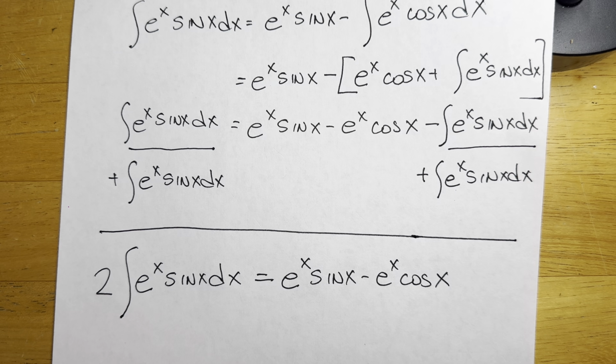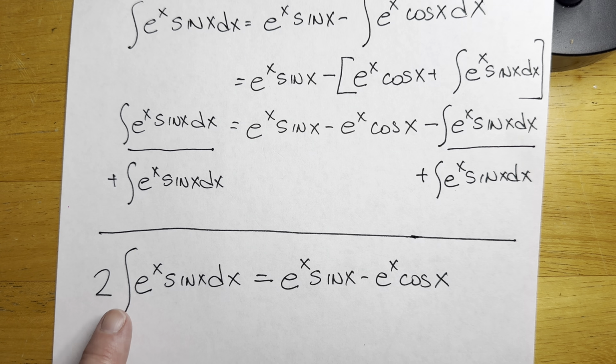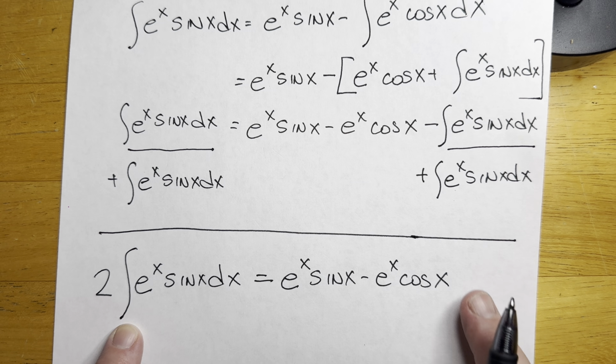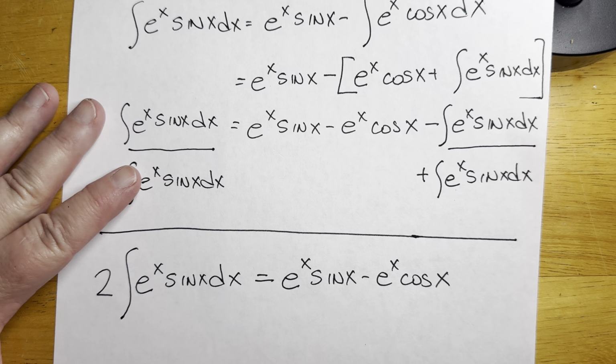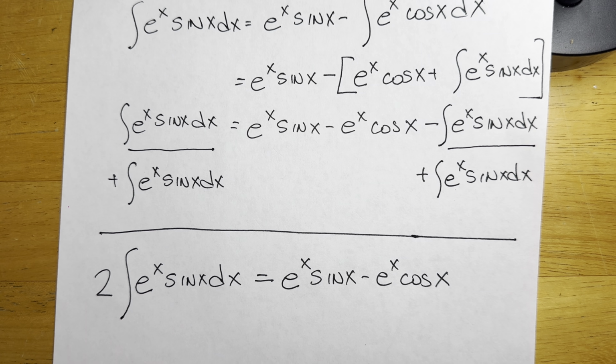What do you think? Now, I was very, very focused on what we were doing. And what I neglected to take into consideration is that in all this integration, if it is an indefinite integral, there could actually be a number over here, right? Because you take the derivative of a number and we'd never see it. So what I'm going to do now is divide both sides by 2.